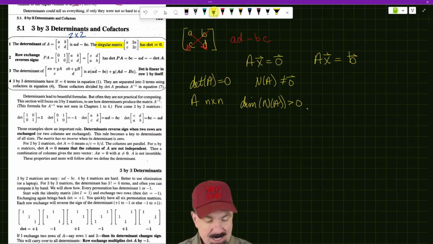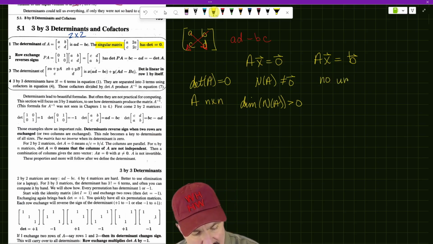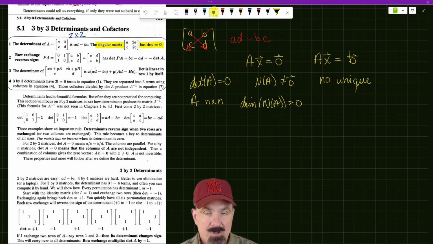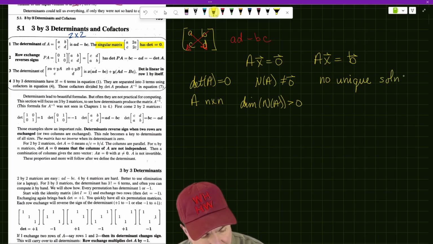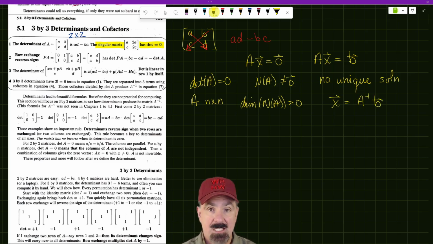Well, what does that tell us about the problem AX equals B? It means there's no unique solution. If A is singular, we do not have a unique solution. And that's because we cannot solve X is equal to A inverse times B, because A inverse does not exist.